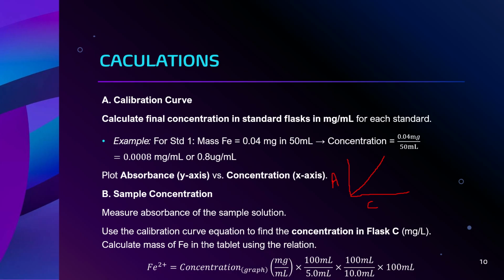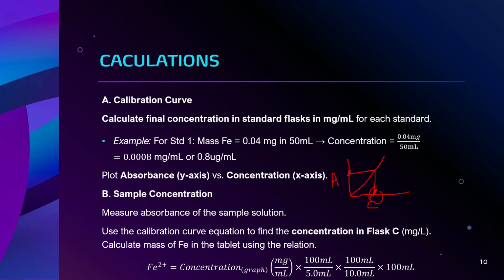Suppose that the absorbance of sample flask C comes here, then you need to draw a perpendicular, and this portion will give you the concentration of iron in your sample flask C.